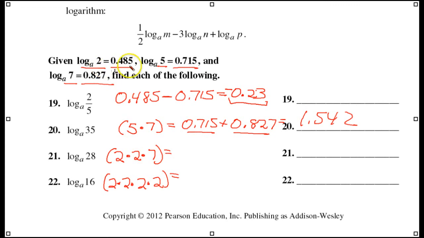So we have this, added to this, then added to 7. That will give you that answer. And 16 is 2 times 2 times 2 times 2, or in a sense you can just go 4 times this. Okay? All right. Kind of tricky, but interesting.